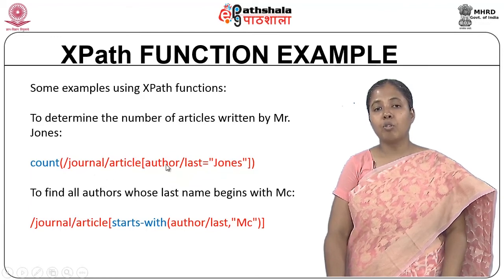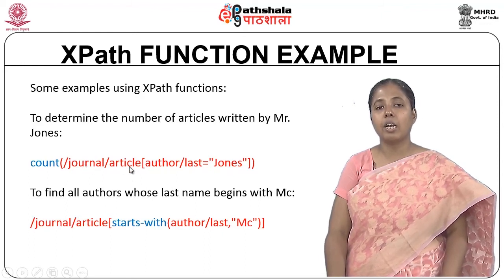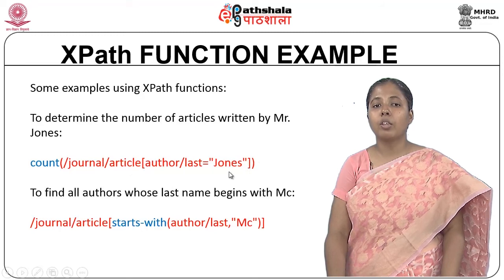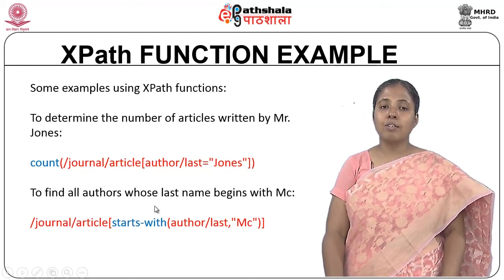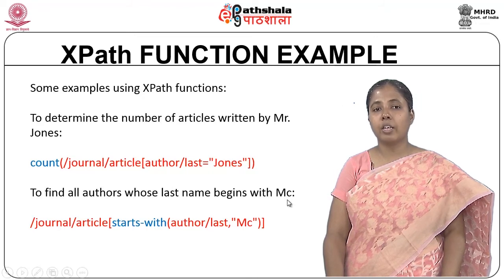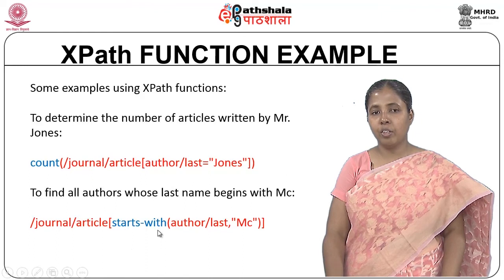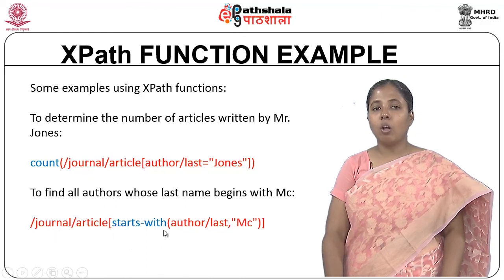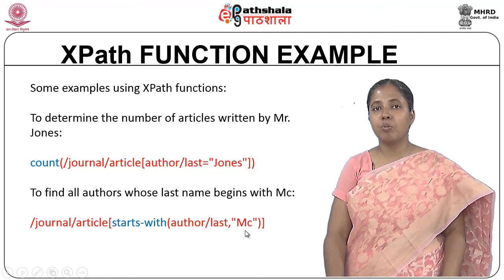So, it selects all the articles from the journal, that is the articles that come under this journal element, but the name of the author should be Jones. To find all authors whose last name begins with MC, we use a string function called starts-with. So, it finds all articles whose author's last name starts with MC.